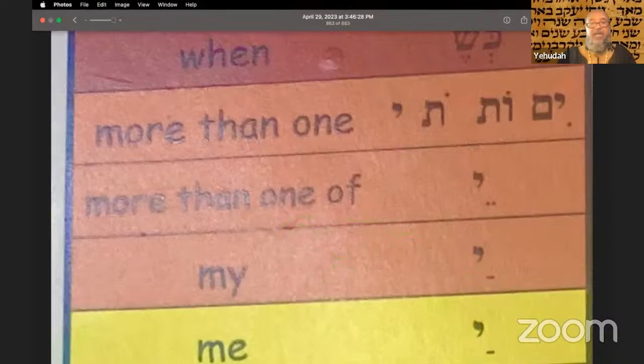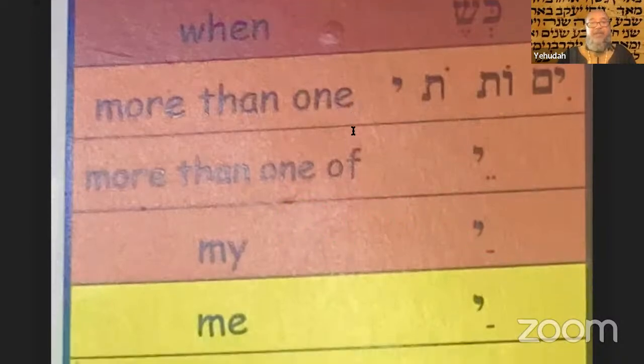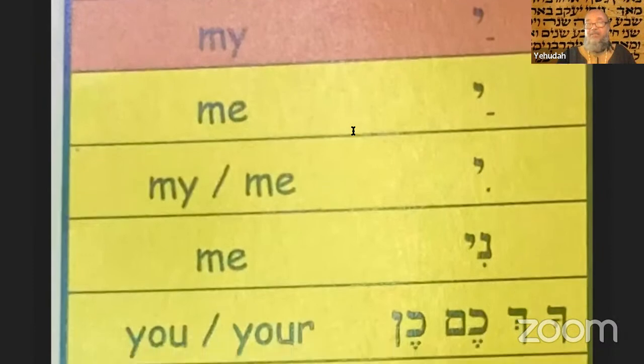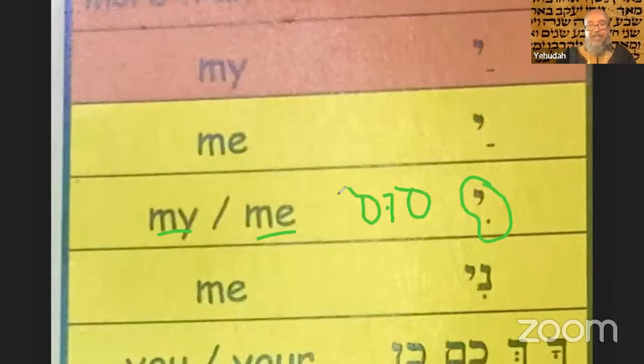Depending on the context, when you talk about me, you would use that same ending. I think it's just a matter of context. You have my and me, and they're still using this. So it'll be sus, and then here, susi, my horse, or the horse of me.